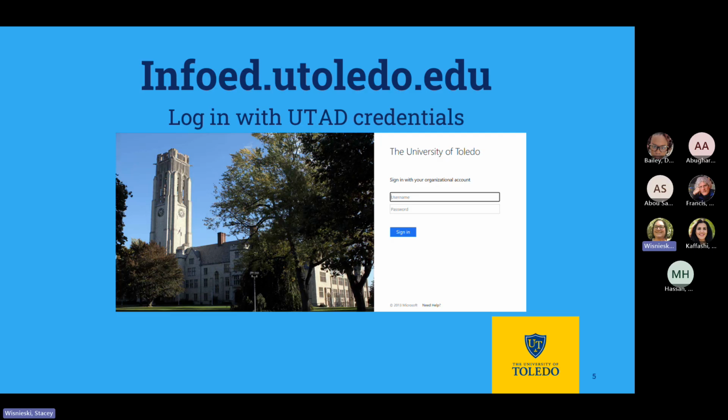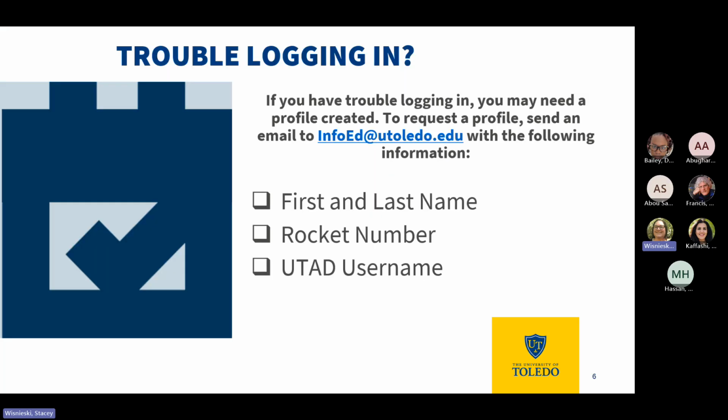And if that is the case, then we would like for you to send us your first name, last name, bracket number, and UTAD username to infoed@utoledo.edu. If you are not yet in our system with a profile, then you won't be able to log in. And so if you go to log in and find that you can't get in, that's probably the problem. And it's very easy to fix if you just email us at infoed@utoledo.edu with these details, and we'll get that profile created for you really quick.